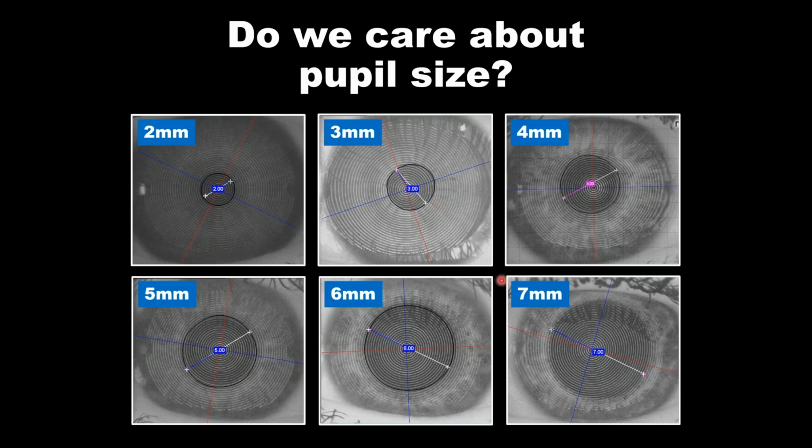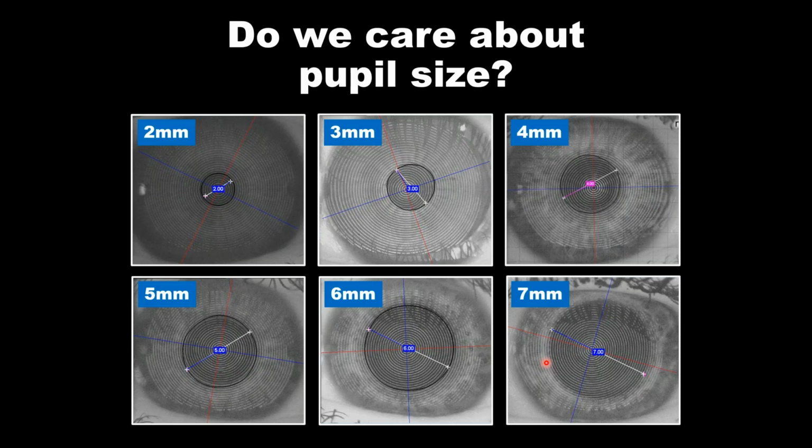And similarly, if we have a humongous pupil, will that introduce too much aberration and too much power spread, ramping up the aberrations so that whatever multifocality we're providing might be neutralized by the fact that we've increased the aberrations for the patient so much?